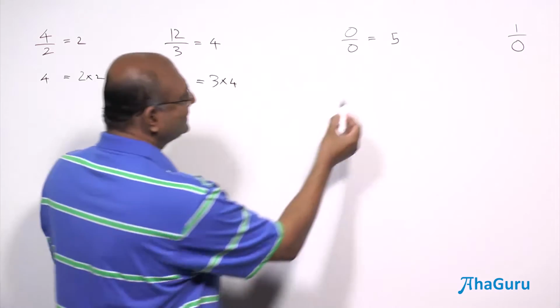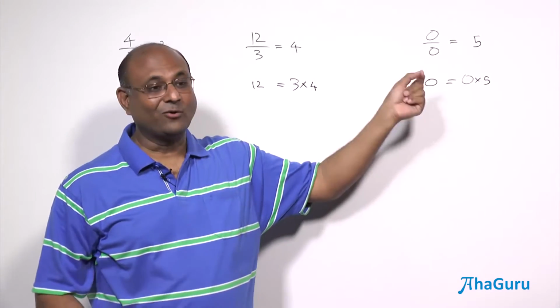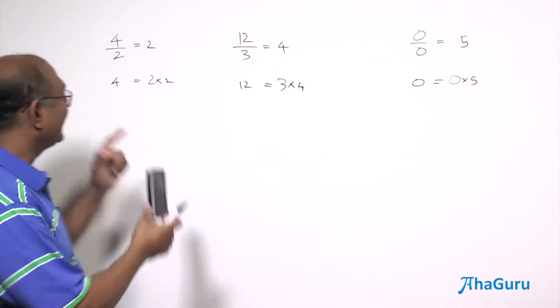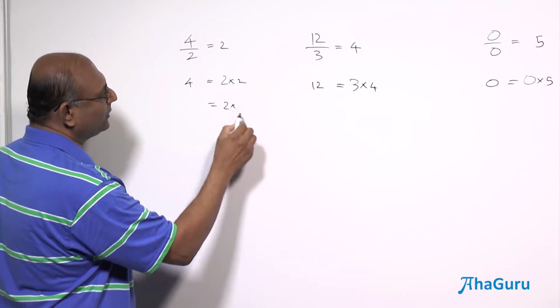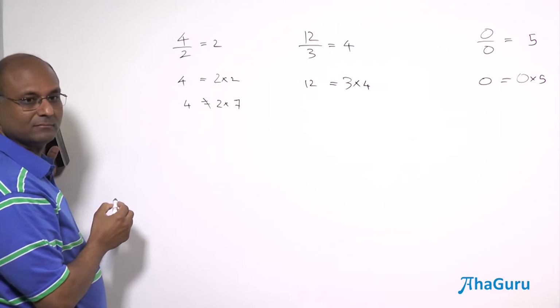Why? Because 0 into 5 is 0. But 5 is not the only number which will satisfy this. Let us think on the other hand. Suppose instead of saying 2 into 2, I try 2 into 7, it will not be equal to 4. It's 14.